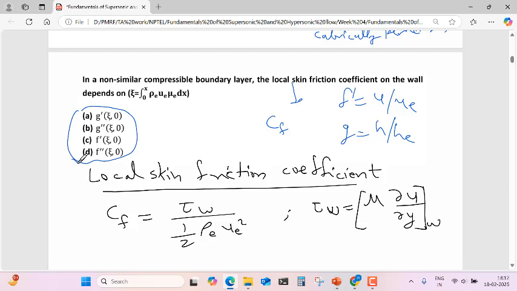It will depend on F double dash (xi, 0). We'll see how. The local skin friction coefficient is given by Cf equal to tau w upon half rho e Ue square, where tau w is given by mu dou u by dou y at wall. This tau w is nothing but shear stress at wall.